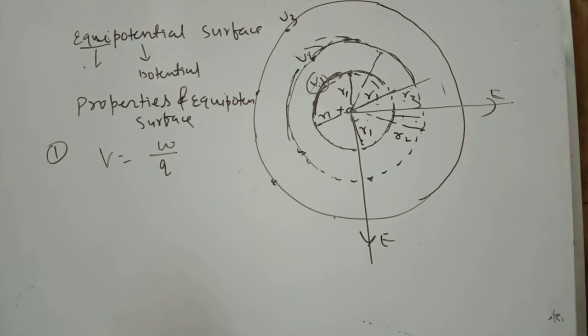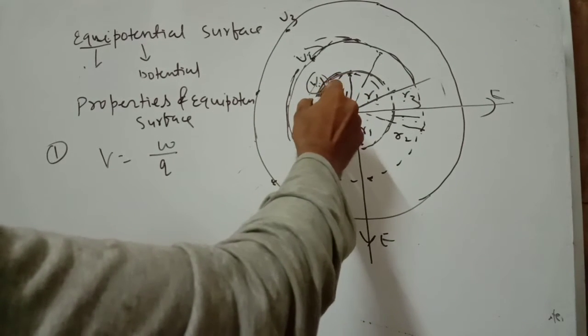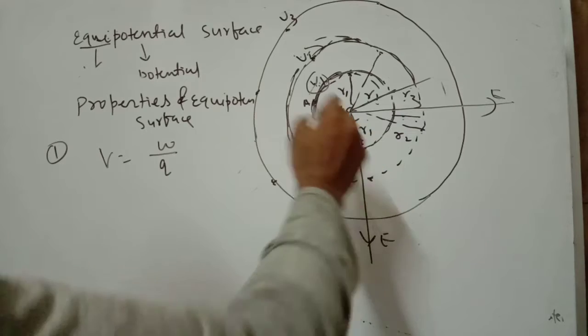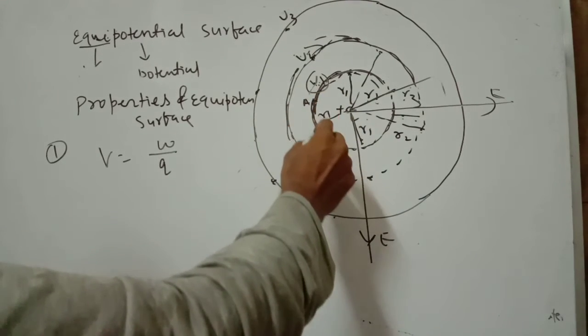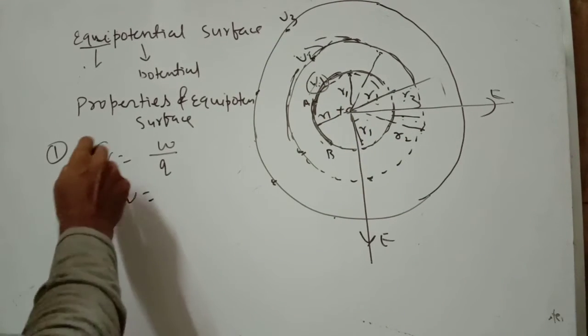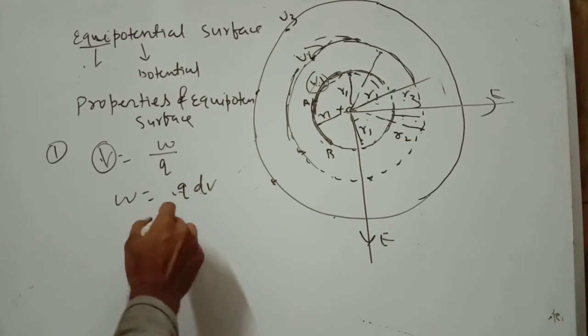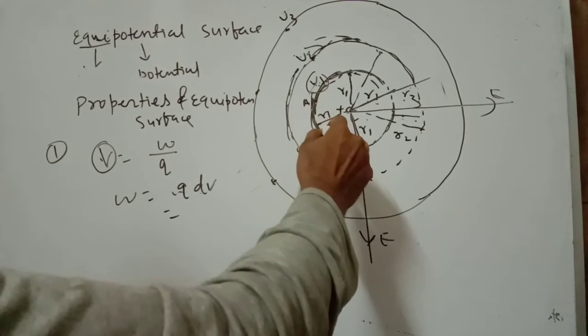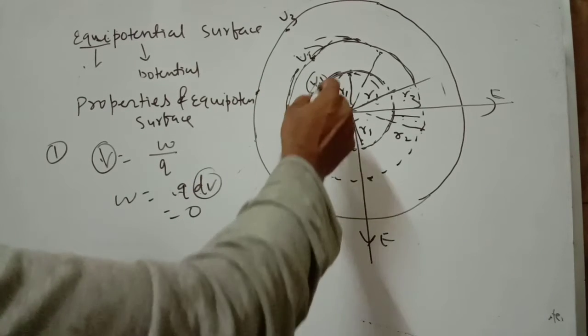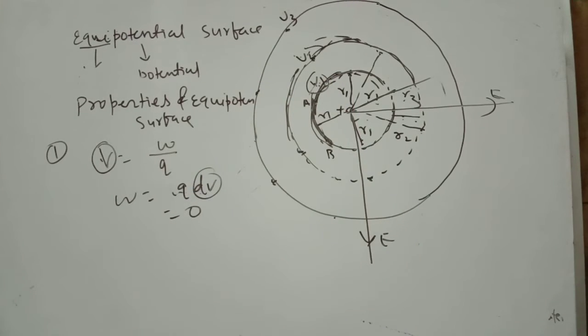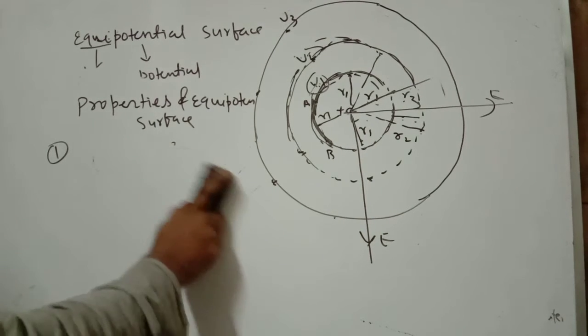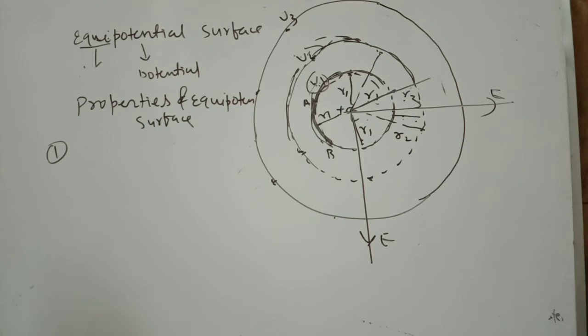Let here be point A and here point B. When a charge moves from here to here, the potential difference between A and B gives the work, Q dV. Here the potential difference on the equipotential surface is 0, so the work done by moving a charge on the equipotential surface is 0. So the number one property: when a charge moves on an equipotential surface, the work done is 0.